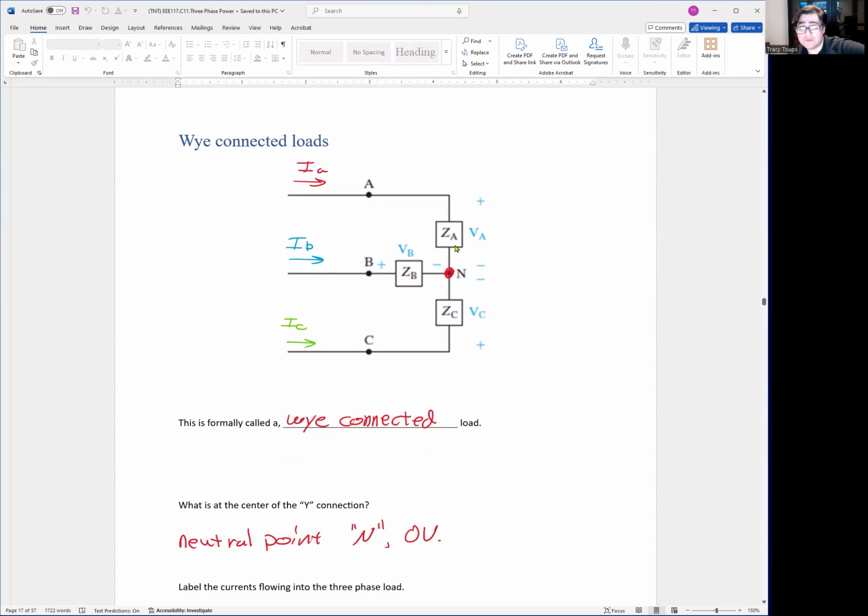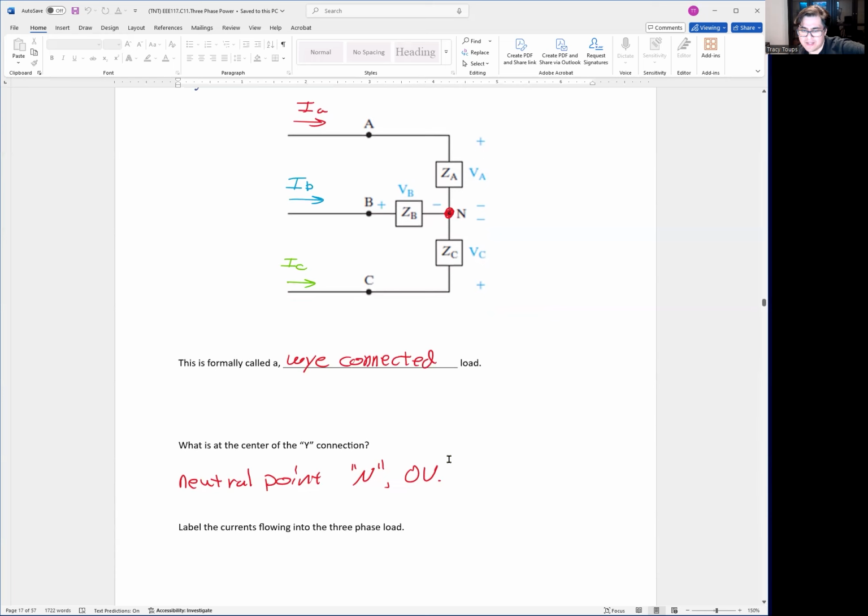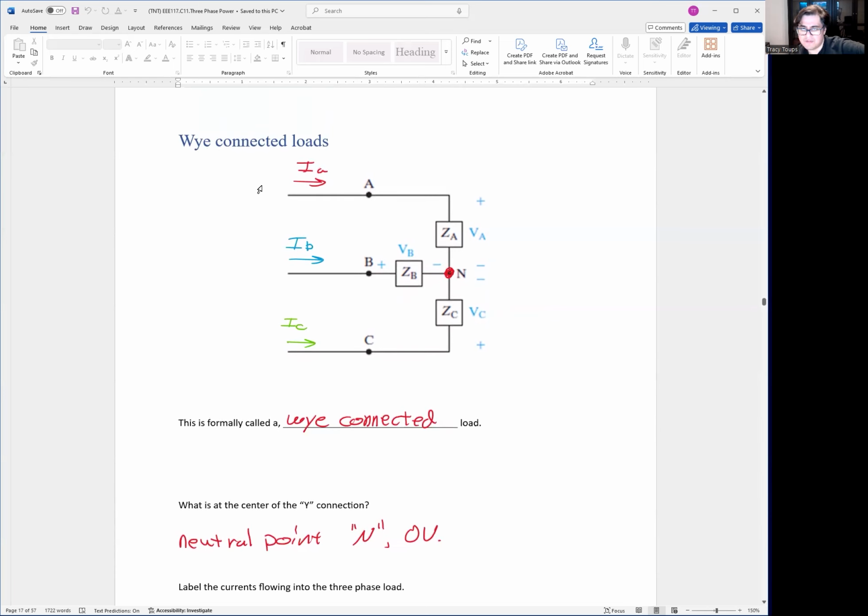The negative terminals of all the loads are going to be bonded together in one node called a neutral point, right? And if they're balanced, this neutral point should be 0 volts. This is formally called a Y-connected load, right? There is a neutral here at the center of the Y-connected load, and this is 0 volts as well. Notice you have current IA, IB, IC coming in. They're going to each individual load.